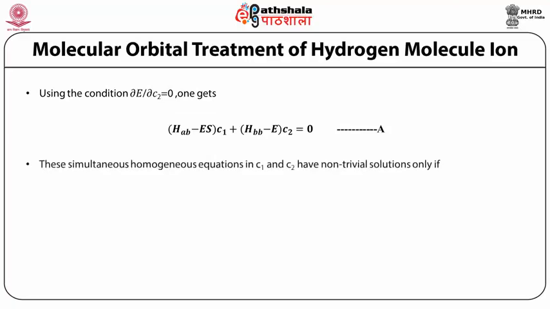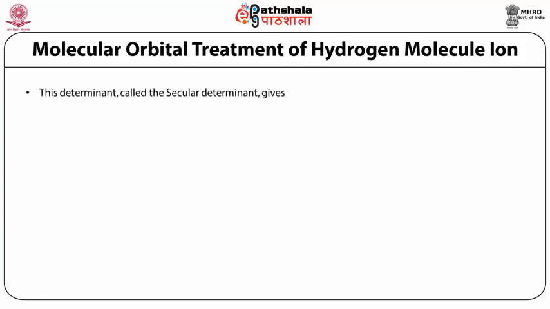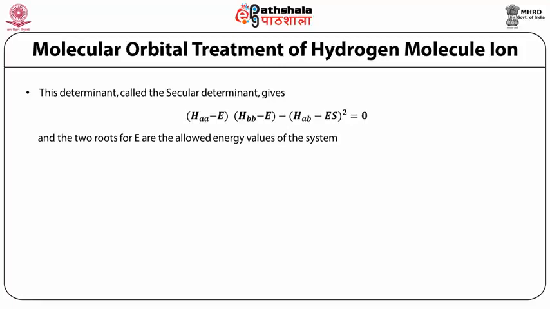These simultaneous homogeneous equations in C1 and C2 have non-trivial solutions only if the determinant, with first row HAA minus E and HAB minus ES, and second row HAB minus ES and HBB minus E, is equal to 0. This determinant, called the secular determinant, gives (HAA minus E)(HBB minus E) minus (HAB minus ES) square is equal to 0, and the two roots for E are the allowed energy values of the system.